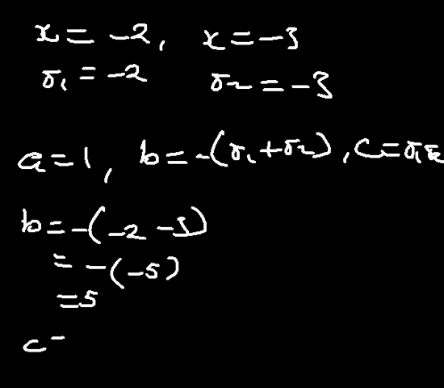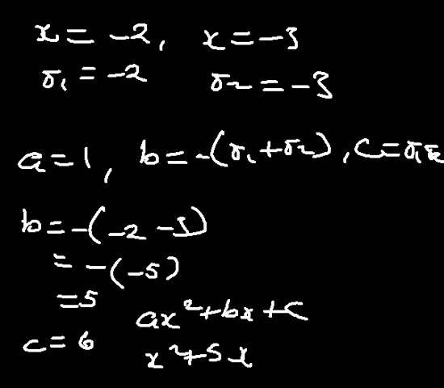And c is r1 times r2, which is positive 6. The general form is x squared plus bx plus c, so we have x squared plus 5x plus 6 equal to 0.